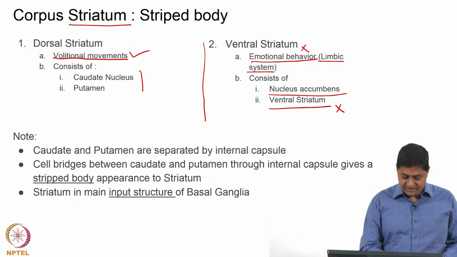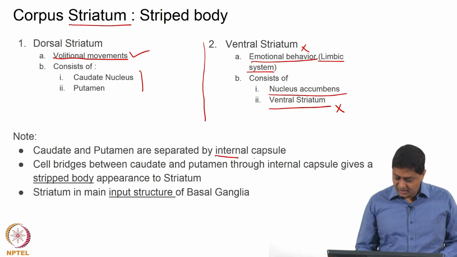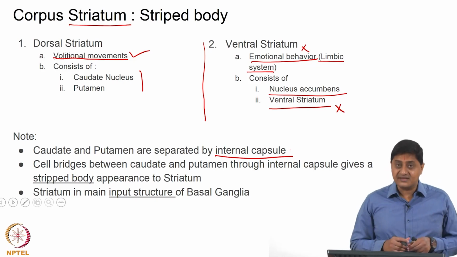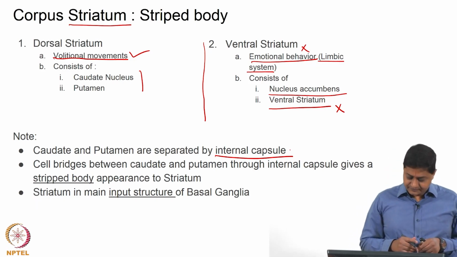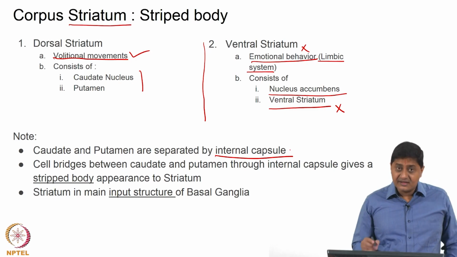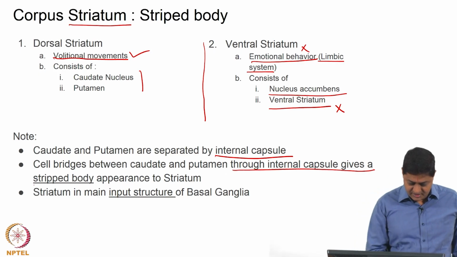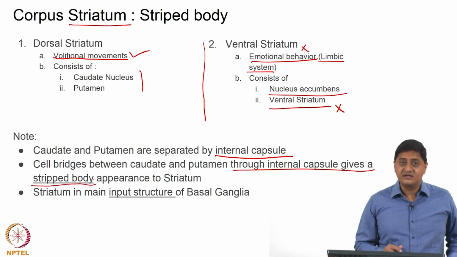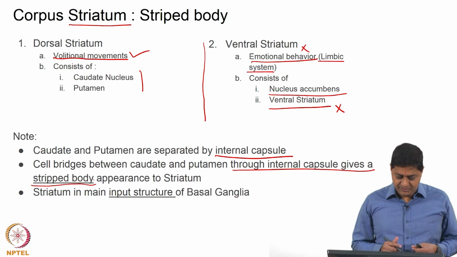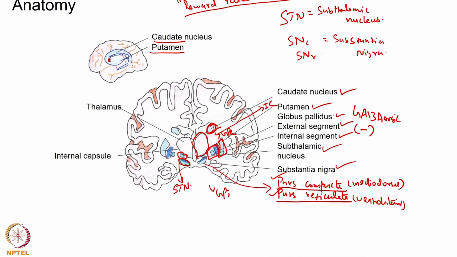Let us remember that caudate and putamen are separated by a bunch of axons called the internal capsule. However, there are some bridges between caudate and putamen through the internal capsule, right. So, this gives a stripe like appearance, a striped body appearance to the striatum like we saw in this picture.